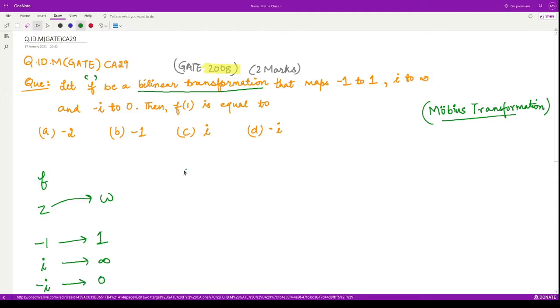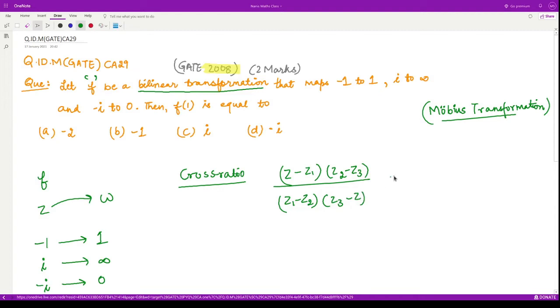So in that case, the cross ratio defining this bilinear transformation is given using this formula: (z minus z1)(z2 minus z3) divided by (z1 minus z2)(z3 minus z). This is equivalent to the cross ratio in the w plane: (w minus w1)(w2 minus w3) divided by (w1 minus w2)(w3 minus w). So this is the cross ratio.